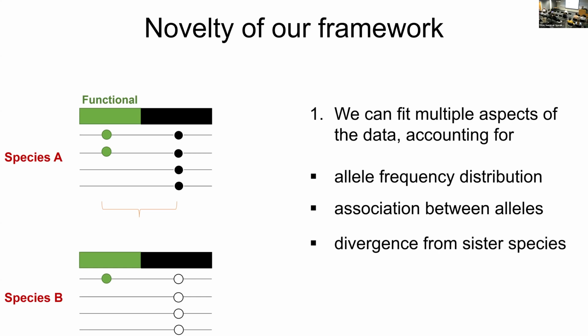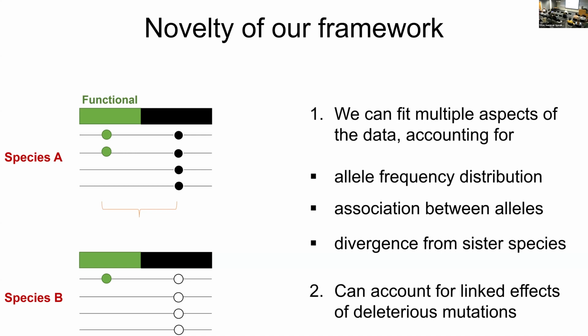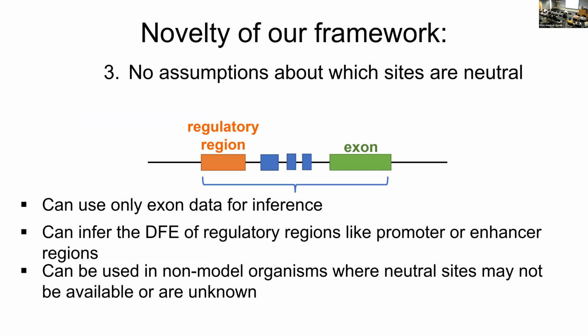So all of this information is going in together to inform you about these parameters. We, of course, were accounting for linked effects of selection. We didn't make many assumptions about which sites were neutral within the selected region, which means that we can also use this method to get the fitness effects acting at regulatory regions in the genome.